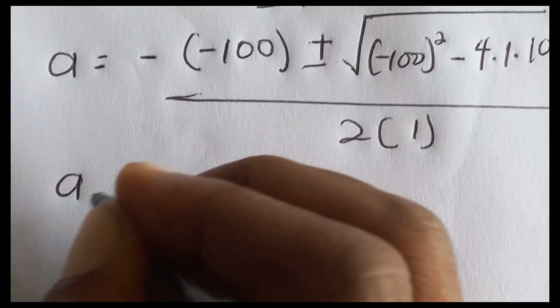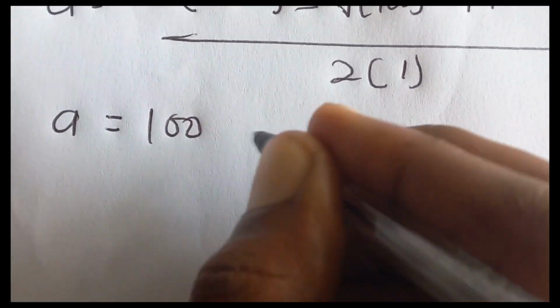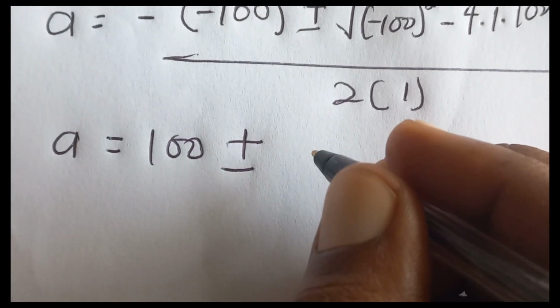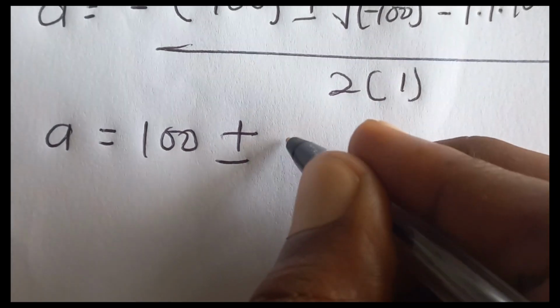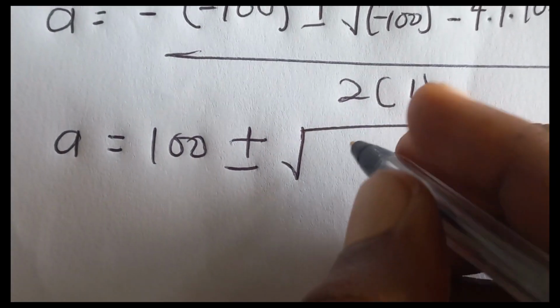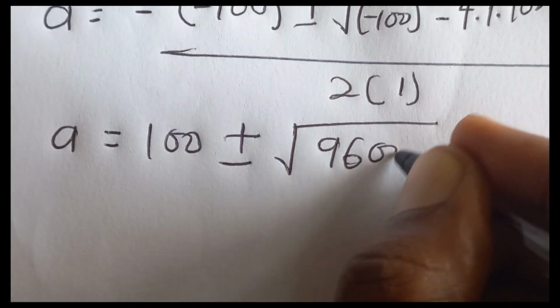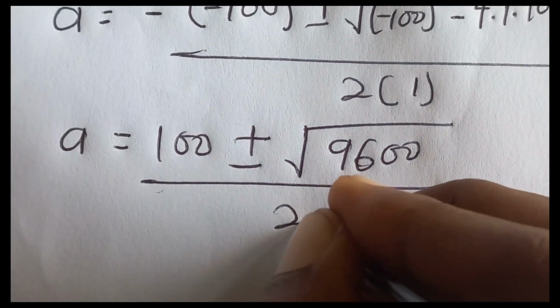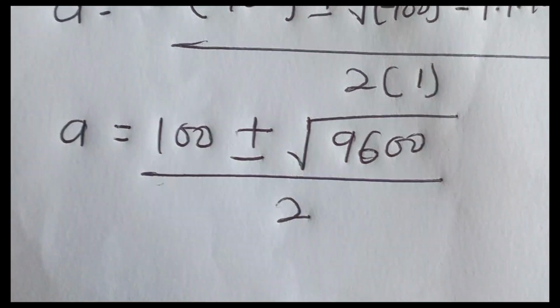So our a is equal to 100 plus or minus root of 9,600 on 2.